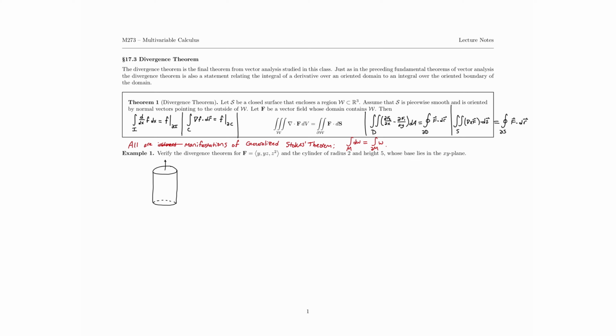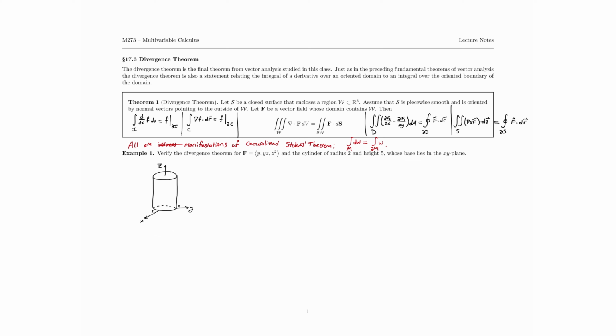And then here we've got the x-axis and, of course, the y-axis. So there's our cylinder. It has a, what did we say? It has a radius of 2. So mark those 2 and 2. And we've got a height of 5.